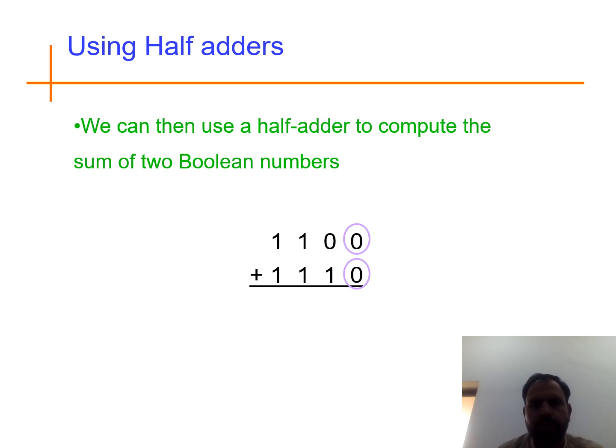We add these two zeros, so this becomes 0, carry 0, and now this 0 1 is 1, carry 0. Now this one, 1 1, so 0, carry 1. Now these three ones, carry what?